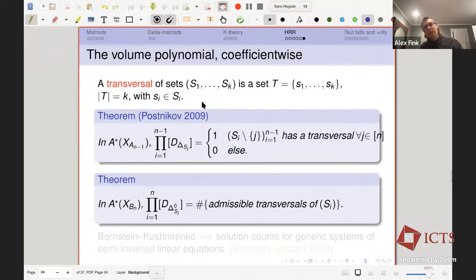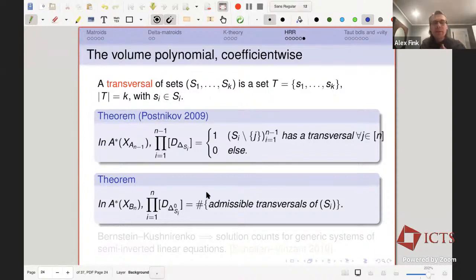The simplices are indexed by sets S1 through S(n-1). If I choose any element, delete that element from all the sets, and the remaining system of sets has a transversal, meaning I can pick a different element from each set, then the intersection is 1, otherwise it's 0.